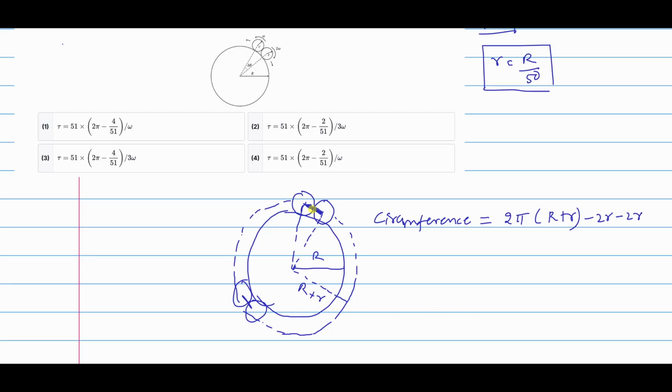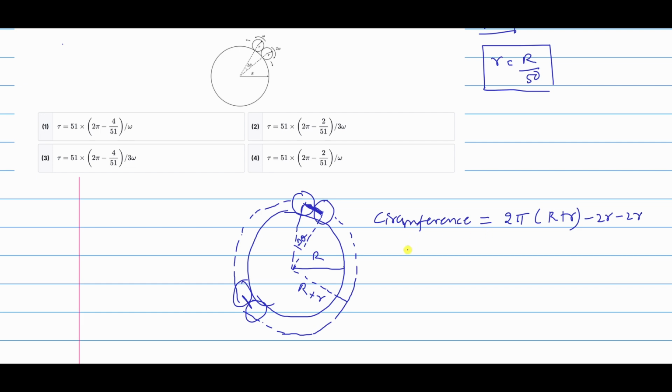We are taking this as similar to the sum of these two radii, because delta theta is very small comparatively and these radii are also very small, so that's why we are taking this distance as 2r.